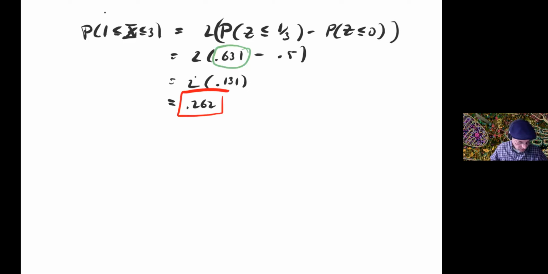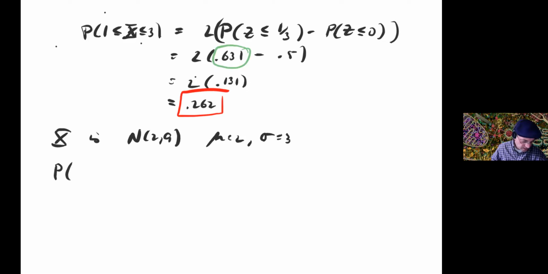Likewise, let's do another problem of this kind. Remember that x is normal, so mu is 2, sigma is 3. And what's the probability that the absolute value of x is bigger than 1, strictly bigger than 1? Well, what does it mean to be strictly bigger than 1?